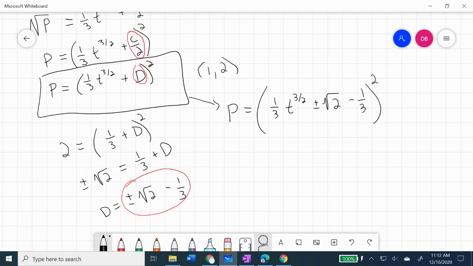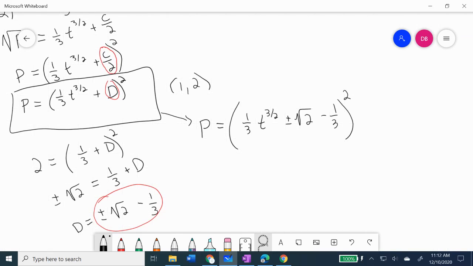Now, to figure out which of those it is, plus or minus, and it is only one of those. This is one specific constant. Use the point that is known, the point 1, 2. Plug it in and see which of those two, plus or minus, creates a true statement.